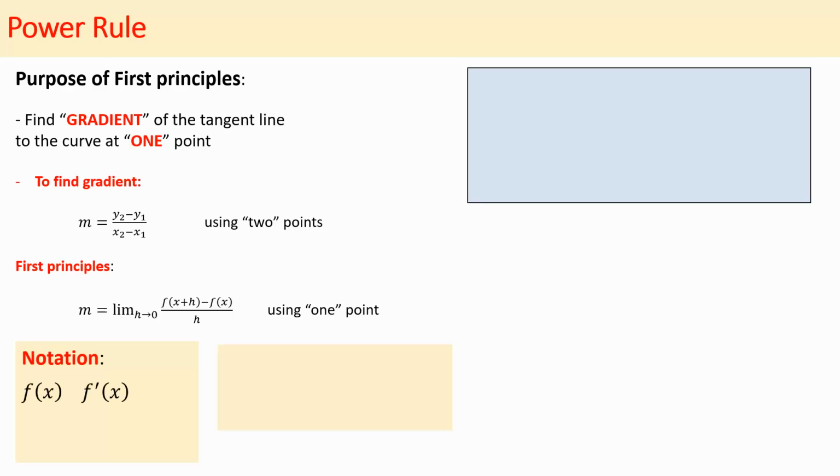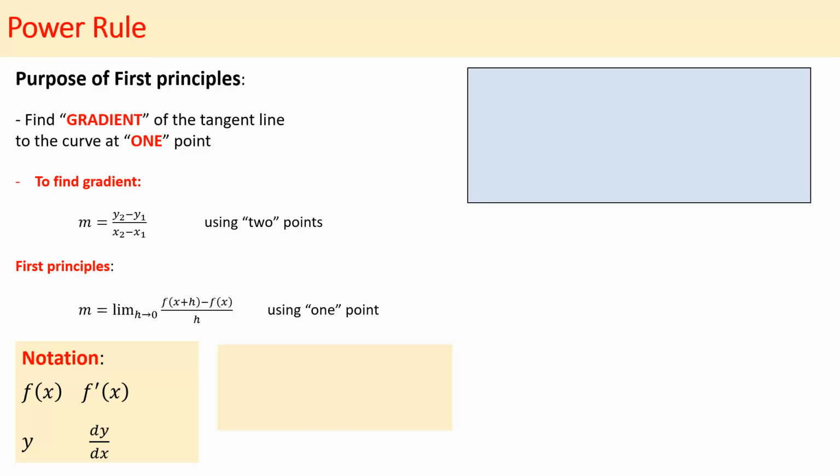So, some notations for you to copy down. You will see that sometimes, if they call the function or the equation or the curve that you have, instead of saying y equals x squared, sometimes they'll say f of x equals x squared. So then how do you say the gradient? We say f dash of x. That prime there, it's not a negative one, it's a dash. It's like a complement, yeah? But f dash of x is another way of saying find the gradient.